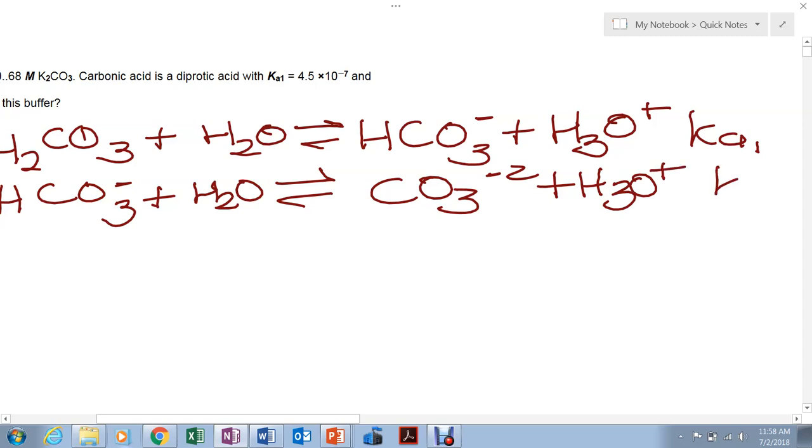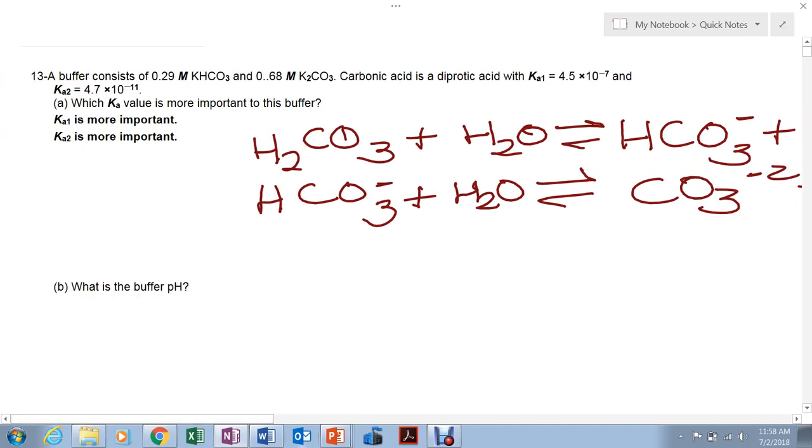Now this would be the Ka2. And in asking which one is more important, I want you to see that this is the conjugate base of this acid, acting as an acid. The conjugate base is acting like an acid.